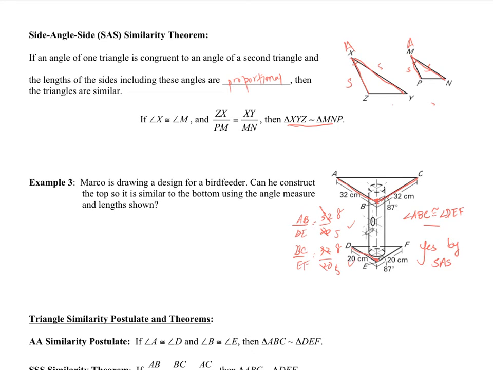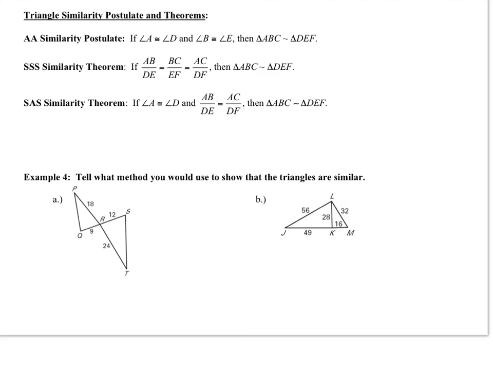I would like to be a little bit more detailed. This would be the SAS similarity theorem. Okay, I would like to do a quick review of the triangle similarity postulate and theorems. We have the AA similarity postulate. All you need is two sets of corresponding angles to be congruent in order for two triangles to be similar. For the SSS similarity theorem, you have to have three sets of corresponding sides with their ratios equal to each other.